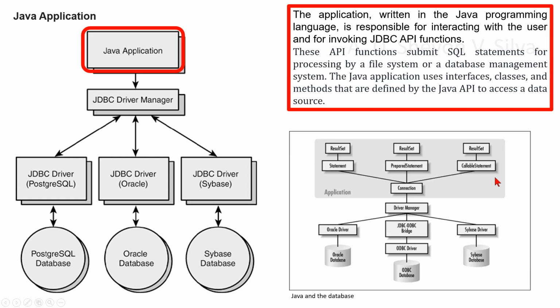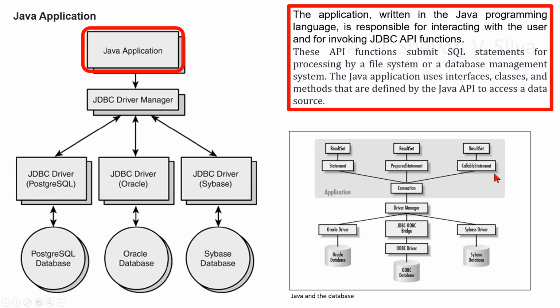Interface CallableStatement, the interface used to execute SQL stored procedures. The JDBC API provides a stored procedure SQL escape syntax that allows stored procedures to be called in a standard way for all RDBMSs.